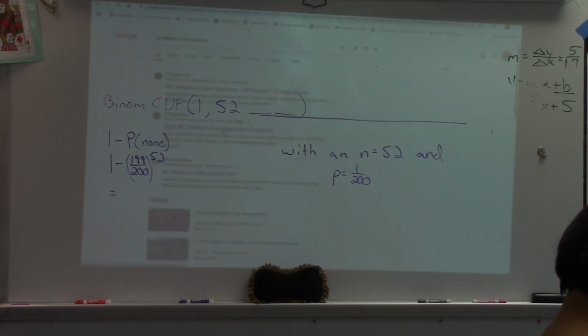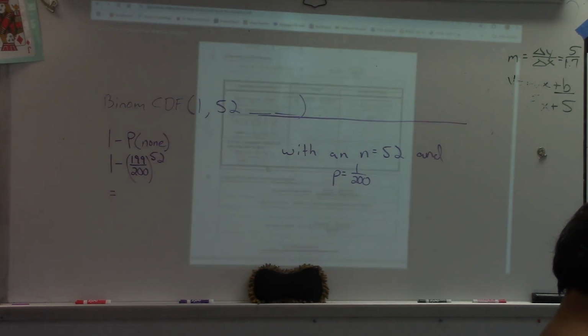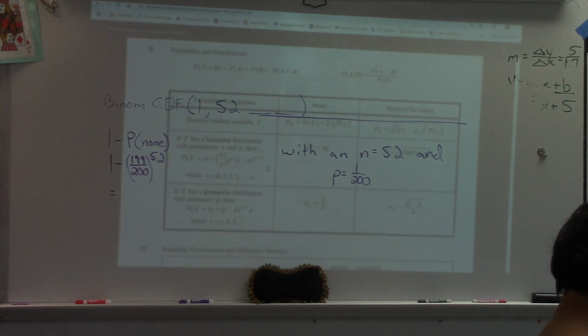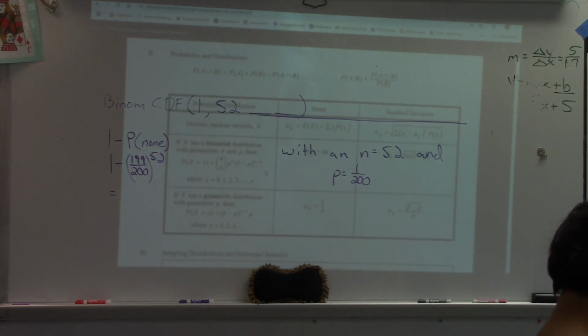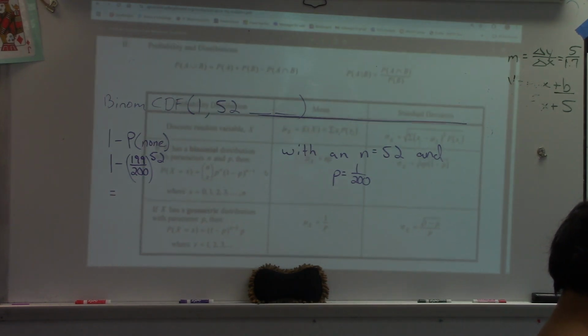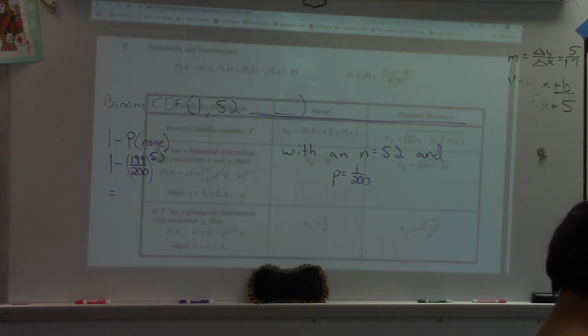But notice section 2 right here, probability distributions, and we have our discrete random variable. Remember binomial and geometric are just special types. So the mean is n times p. That's right.